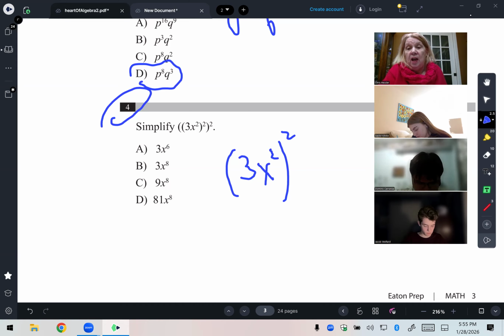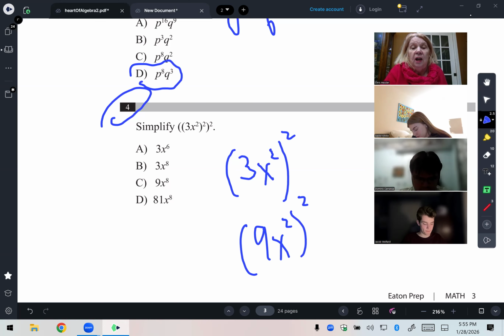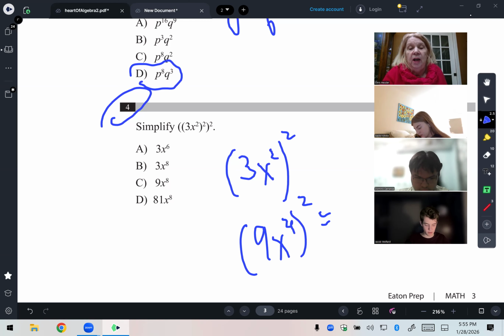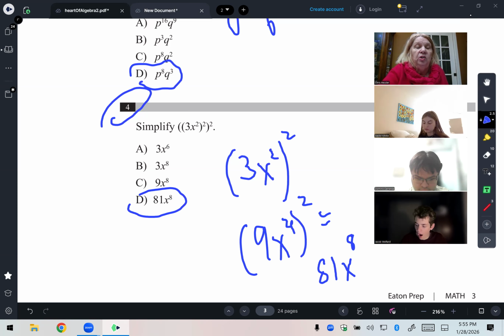The answer is yes. So that'll become 9x squared. We're working inside out. Wait, you squared the x squared, didn't you? Yeah, that should be 9x to the 4th. And so I squared again, and that'll become 81x to the 8th, which is D.